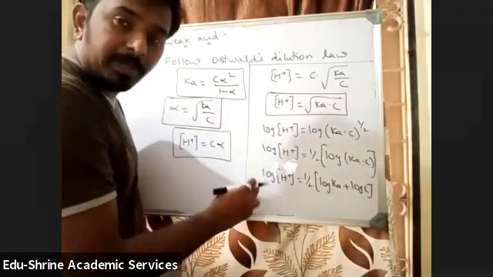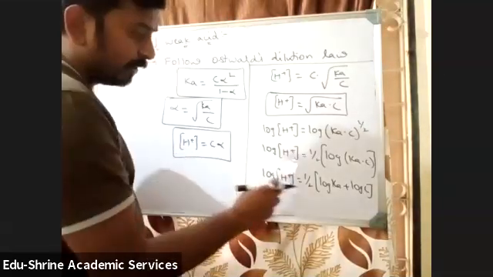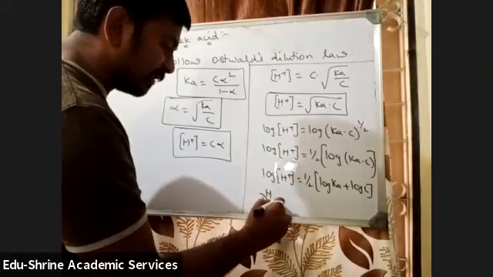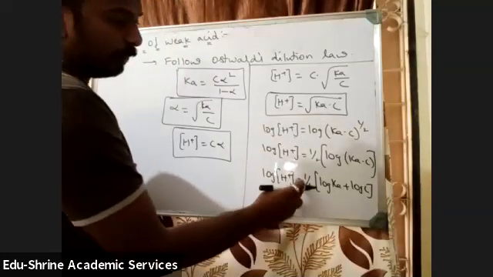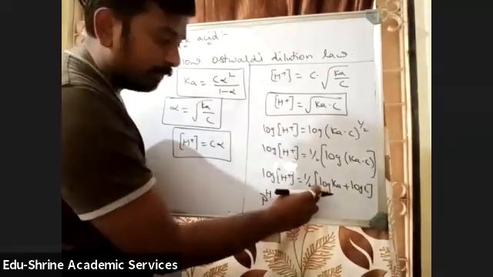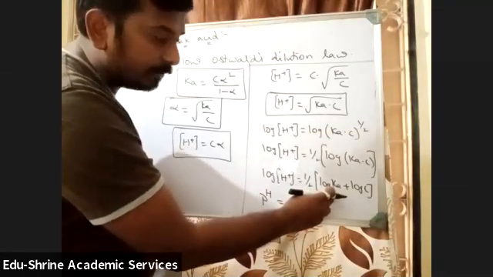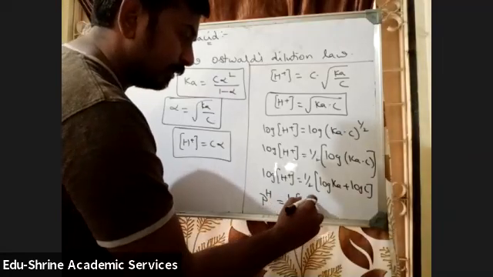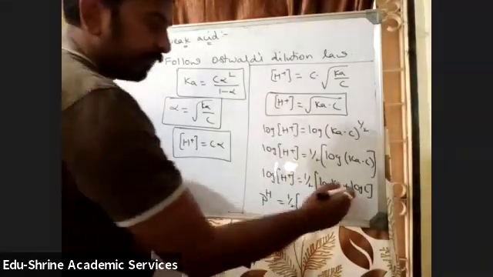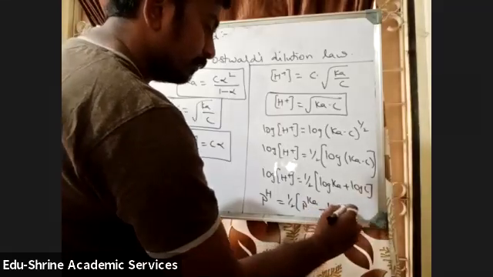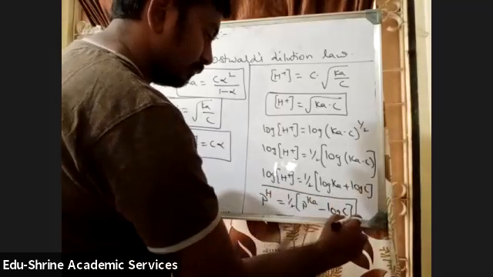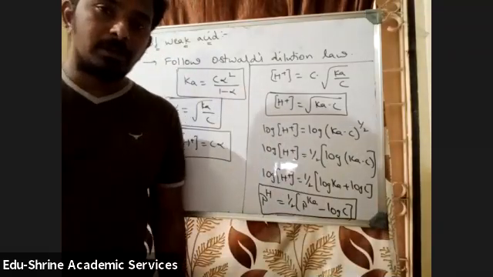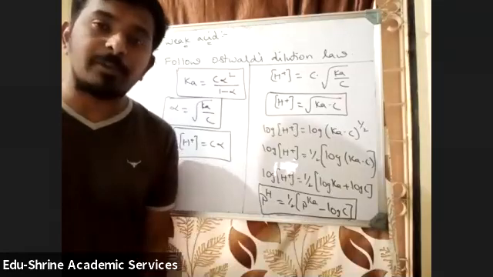So pH is the negative logarithm of H plus, you know. So if I multiply with minus on both sides, I'll get minus log H plus, which is pH, is equal to half of minus log Ka. Minus log Ka is pKa, right? So half of pKa minus log C. So this will be the formula to calculate pH of a weak acid.